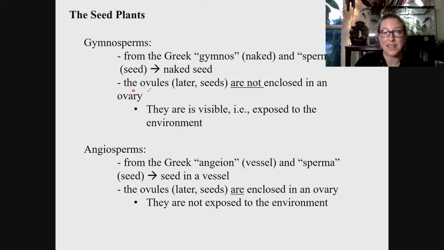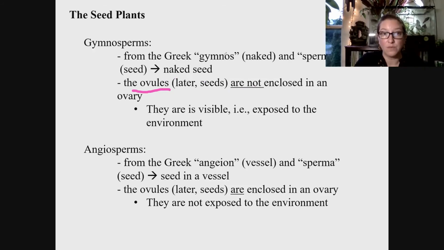What that means is that the ovules, and after they're fertilized, the seeds, are not enclosed in an ovary. They are visible with the naked eye and exposed to the environment. So that's what gymnosperm means, naked seed.